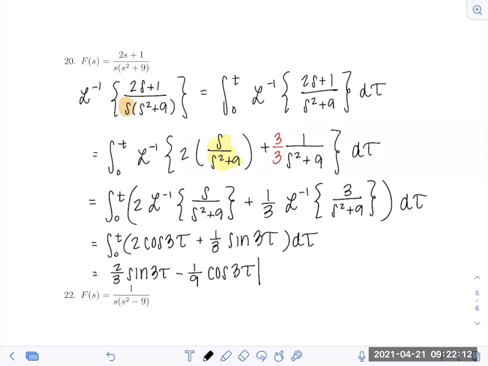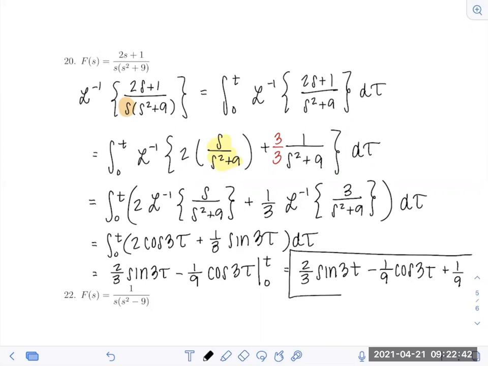And I want to evaluate from 0 to t. The sine function is going to die at 0, but the cosine will not. And so in the end, I get 2/3 sine 3t minus 1/9 cosine 3t. And then I'll get minus a negative 1/9 there for cosine. So that's a positive 1/9. All right, and there's our inverse transform.